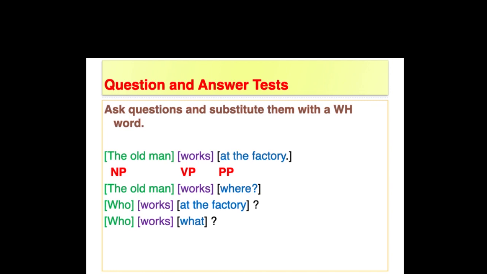Now, if we do this, we say, the old man works where? So it's acceptable. Okay, who works at the factory? If we ask a question about the old man. Now, what about if we ask a question about both the NP and the prepositional phrase? We can say, who works what? Who works what? Or who works where? Okay?